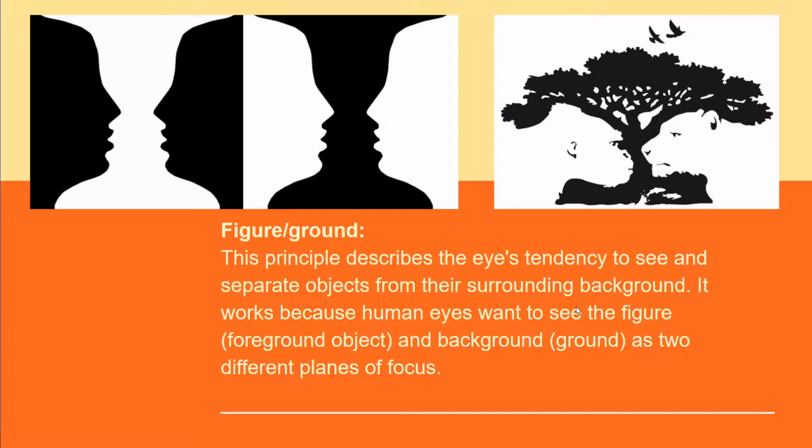It works because the human eye wants to see the figure and the background as 2 different planes or different layers. For example, here you see the shape of this black object is like 2 faces facing each other. But if you look at the white space here, it looks like a jar or something.